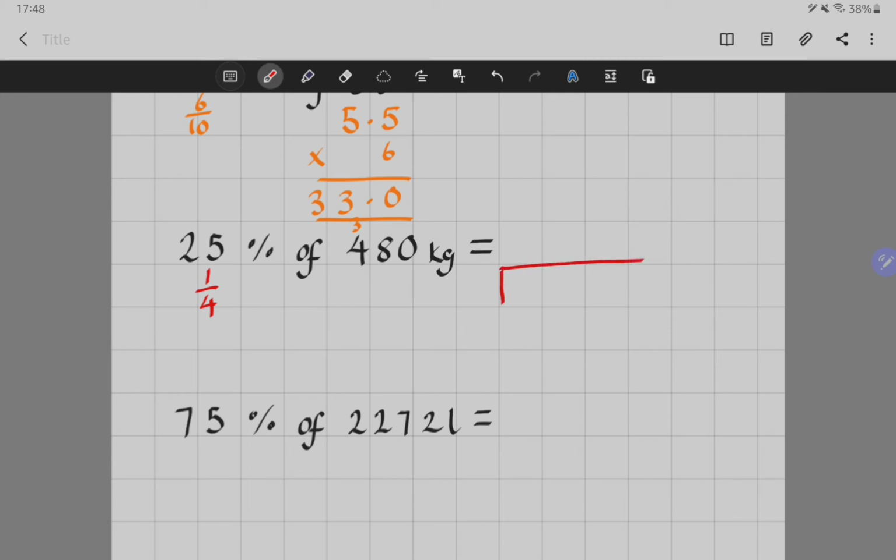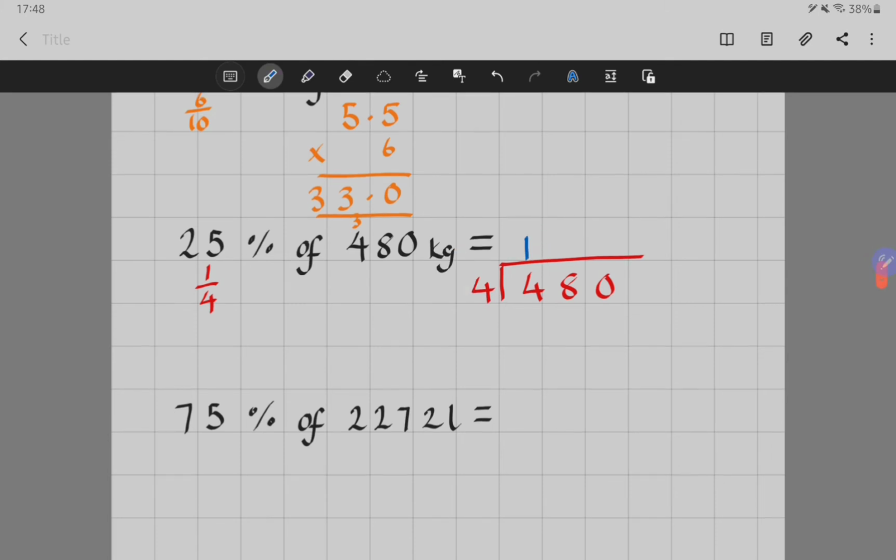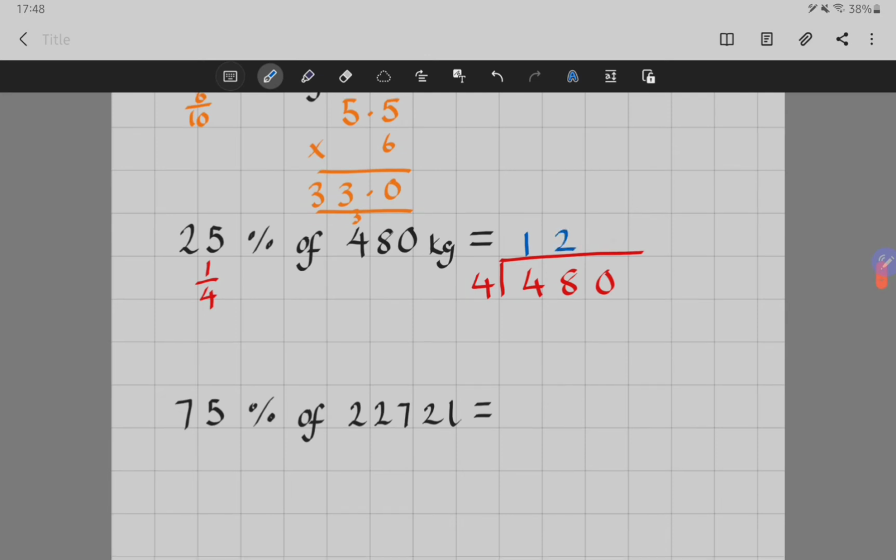If I divide 480 by 4, I will get my answer. So 4 goes into 4 once, 4 goes into 8 twice, 4 doesn't go into 0, so 0 times, that gives me my answer, 120 kilograms.